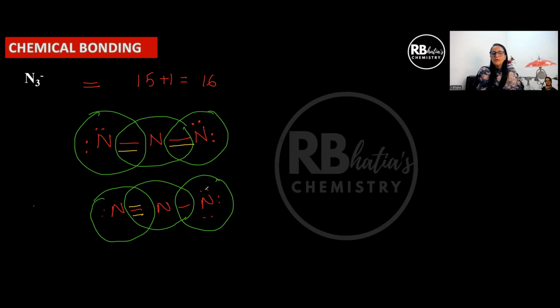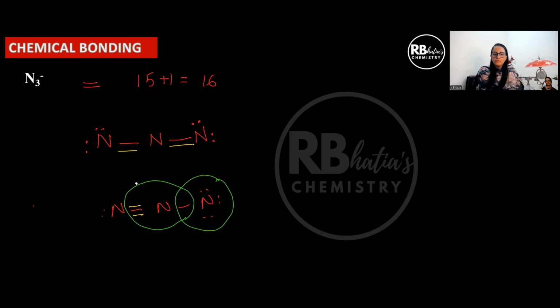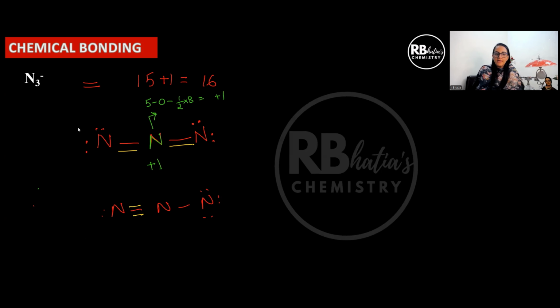That's all. Fine. So now what are we going to do? We are going to look for formal charges in each case. Let us say in this case, let us look for the central nitrogen. How do we go for central nitrogen? The valence electrons 5 minus 0, no non-bonded electron, minus half of 8. Why 8? I can see 4 bonds around this central atom. So this is going to make a +1 charge on this nitrogen. Similarly, if I calculate for this nitrogen, it's going to be 5 minus non-bonded 4 minus half of 4.